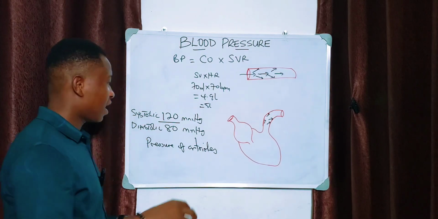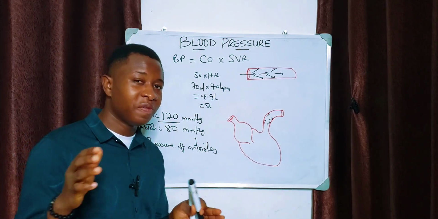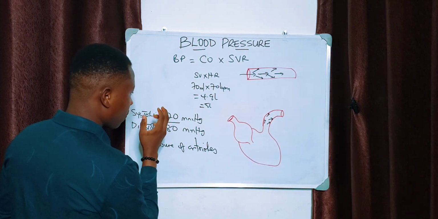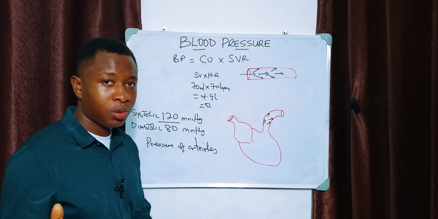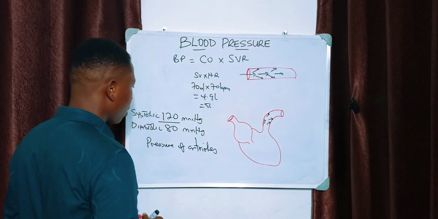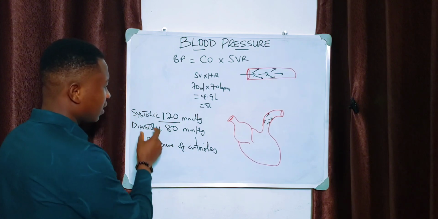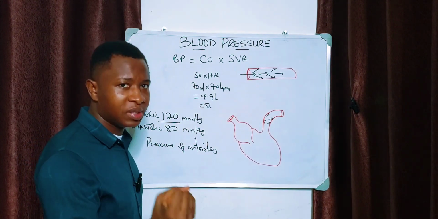Most people say that the diastolic value, which is 80, is pressure of the veins. It is not correct. Both values are arterial pressure. The basic difference between them is that the systolic value is gotten when the heart beats.